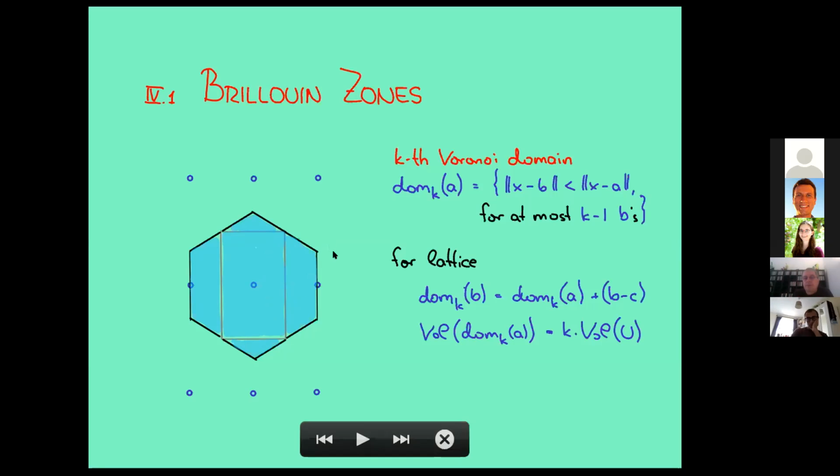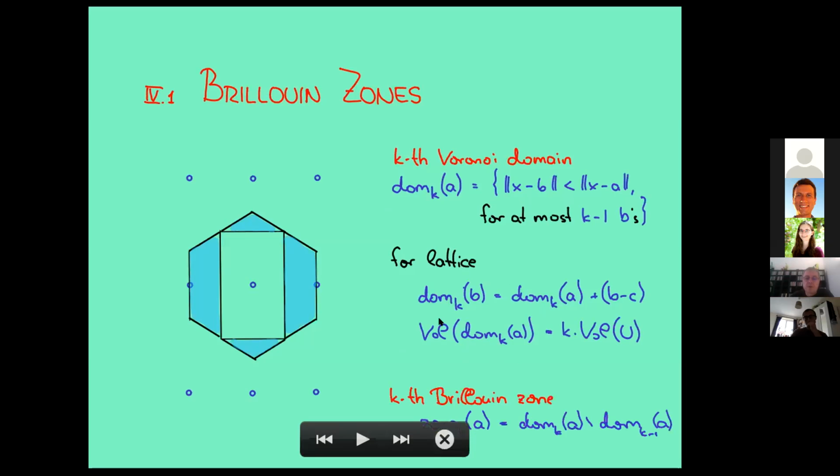Because this is for a lattice, if I look at the kth Voronoi domain of another point B, all I do is take the one for A and translate it. And the volume of this kth order domain is K times the volume of the fundamental domain. I'm going to make a little drawing to illustrate why this should be the case, by introducing what I call the kth Brillouin zone.